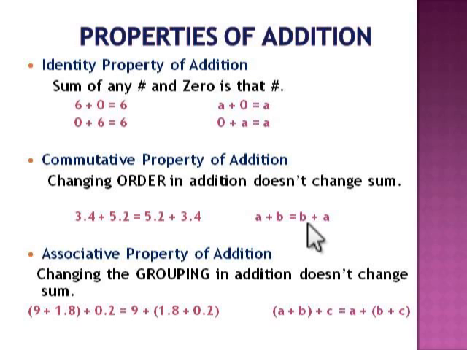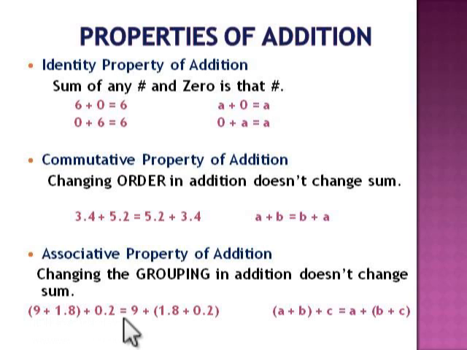Our third property is the associative property of addition. What it says is you can change the grouping of the addition and it will not change the sum. So in our first example here, we have a 9 added to a 1.8. They are grouped together and then added to a 0.2.